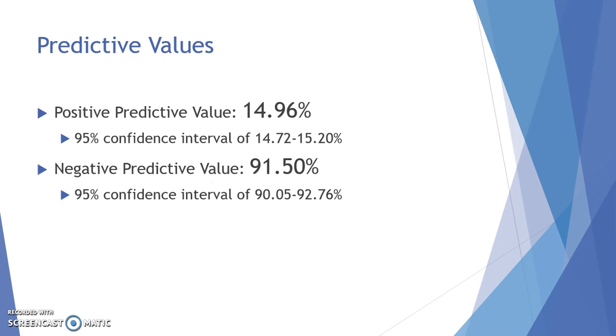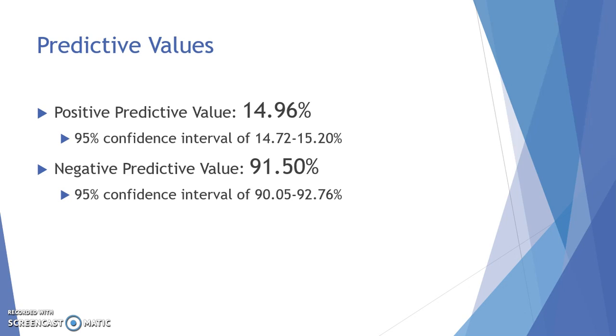Moving on to the predictive values, this diagnostic test has a positive predictive value of 14.96 with a confidence interval of 14 to 15%. The positive predictive value is the probability that disease is present when the test is positive.